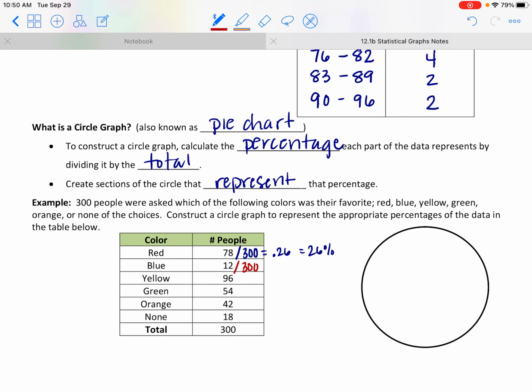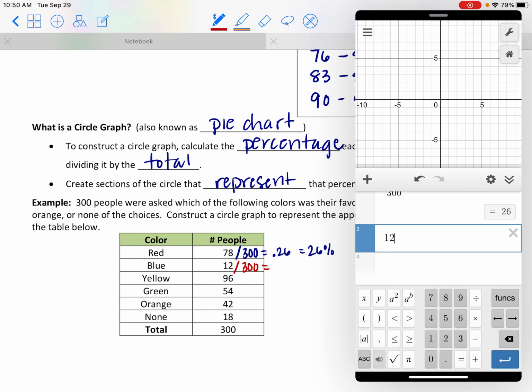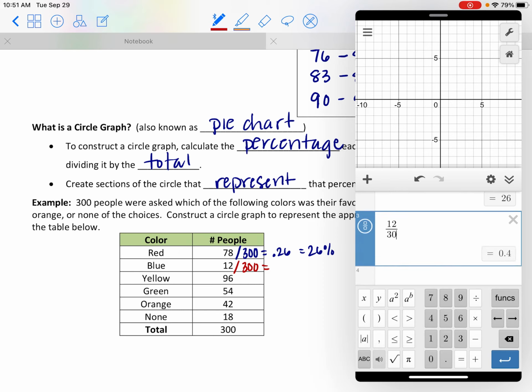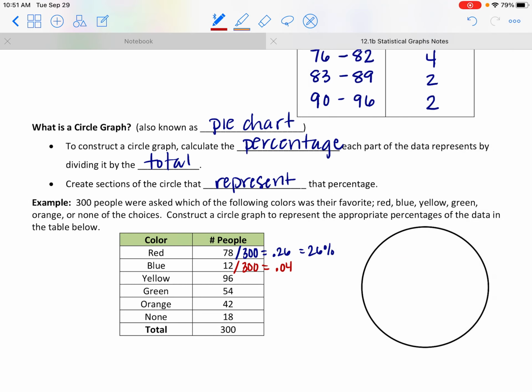So again, we're going to divide that by our total, which was 300. And 12 divided by 300 is 0.04. If we multiply by 100, we can see that that is 4%.